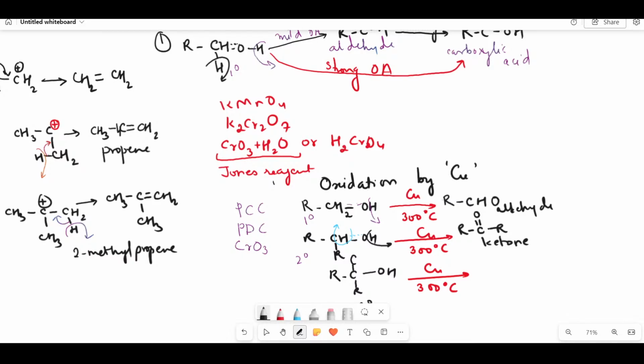I can write it as CH2 and H. This is CH3 as it is. So at 300 degrees centigrade, what happens is dehydration takes place.